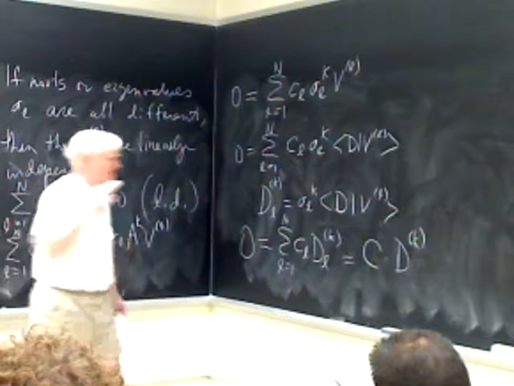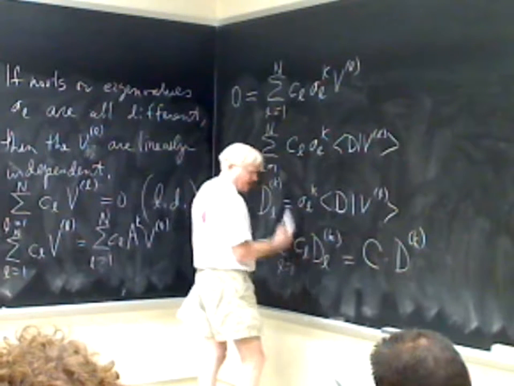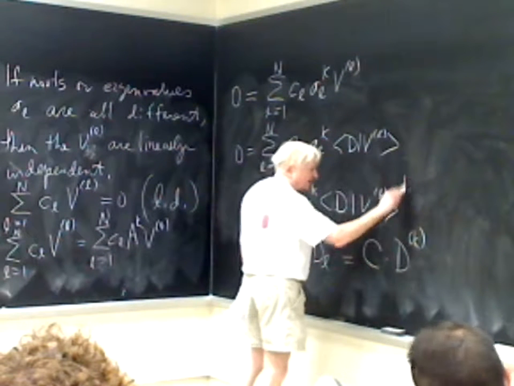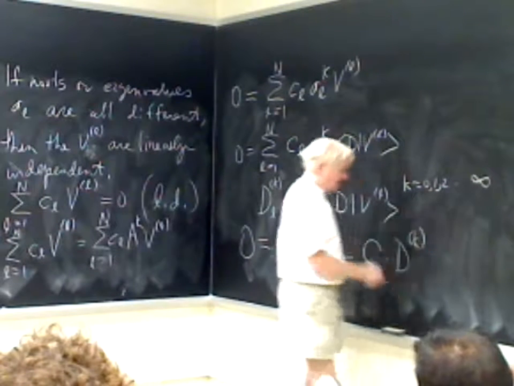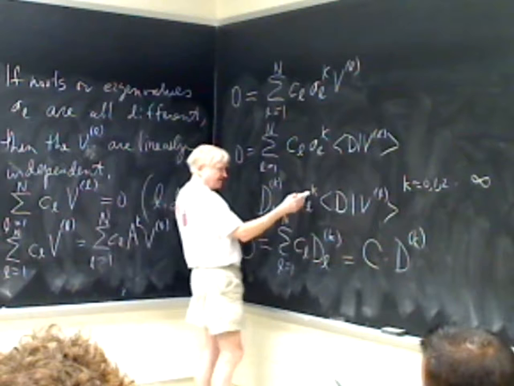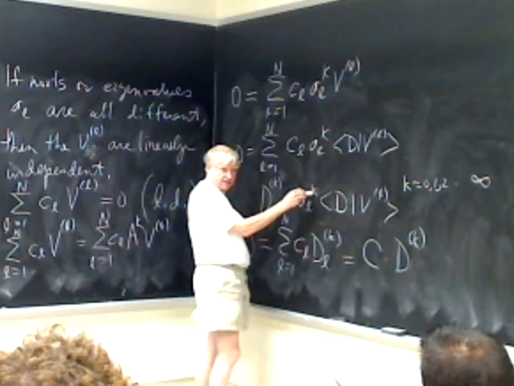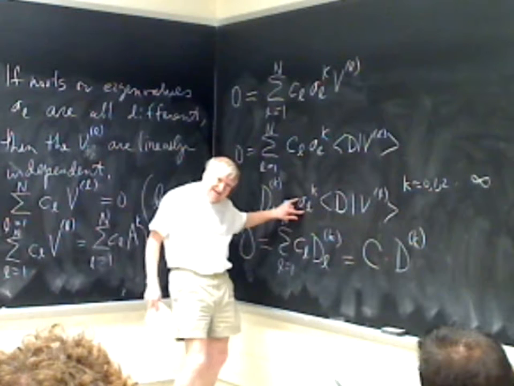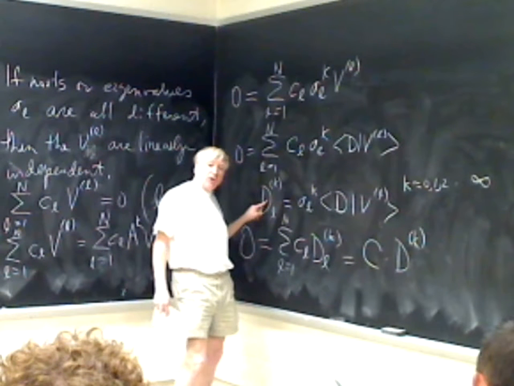In any event, what this is saying effectively is that the coefficients c form a vector that's orthogonal to the vectors d_k for k equals 0, 1, 2, up to infinity, because there are an infinite number of these vectors d_k, and they depend on k by having a_L raised to the k power. Now the point is that if the eigenvalues are all different, then these vectors d are all different.